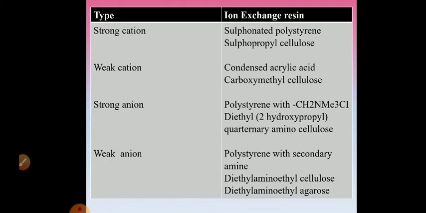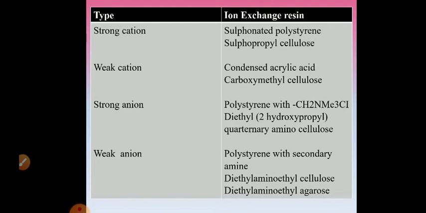As I told you, there are strong cation exchangers and weak cation exchangers. For a strong cation exchanger, the resin used is sulfonated polystyrene or sulfopropyl cellulose. For a weak cation exchange resin, condensed acrylic acid or carboxymethyl cellulose.